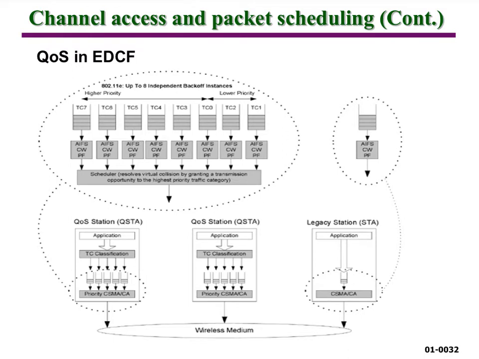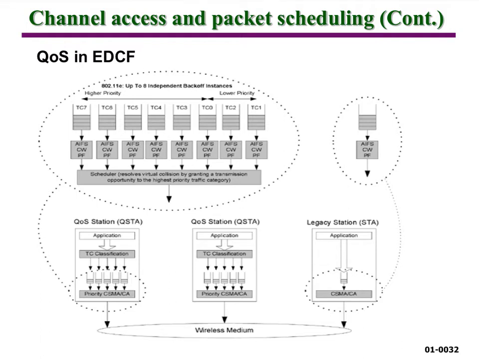So this is a priority-based queue. It's not a weighted fair queue in that case. Because always AIFS, the shortest, will be the highest priority. Always. In weighted fair queuing, it's based on a weight. Here there's no weight in a way. Okay? And of course the channel access mechanism is CSMA/CA.